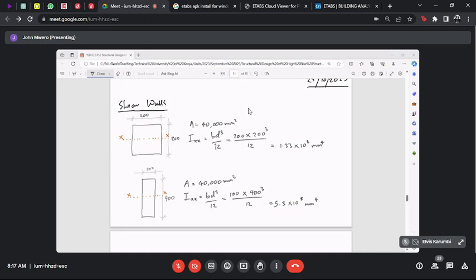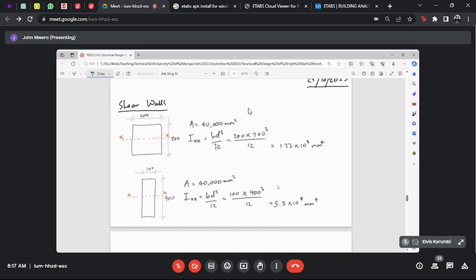These two cross sections have got the same cross-sectional area, and if we were building them in terms of material requirement, we would use the same amount of material.